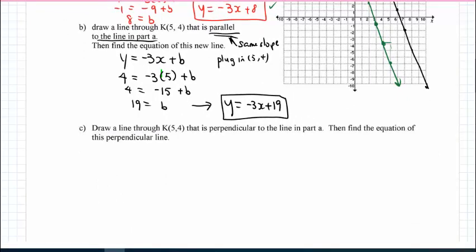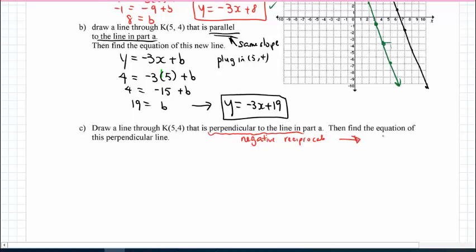Last one here. Still going through the point 5, 4. This time, perpendicular. What do we know about perpendicular slopes? Yes, they are the negative reciprocals. So if the original one was negative 3, what's the negative reciprocal of negative 3?